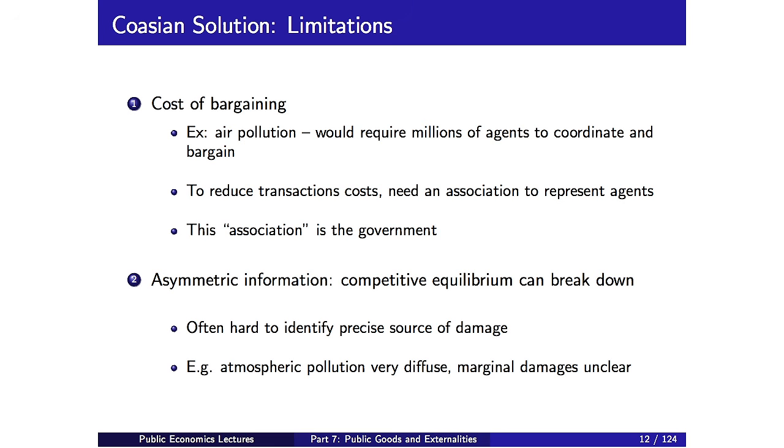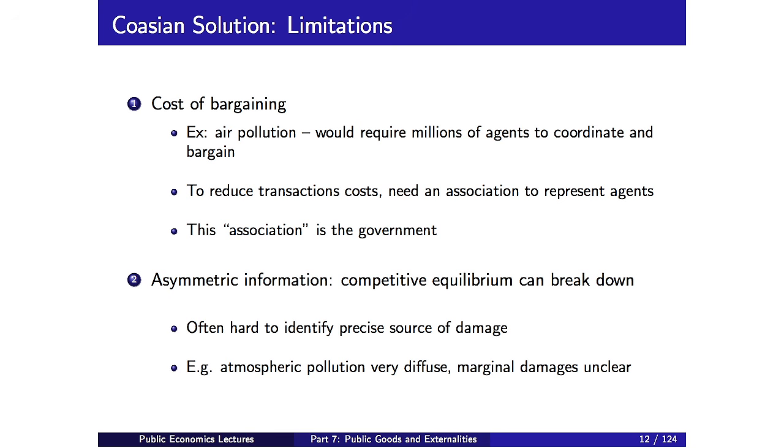Okay, so why don't we just do this and not worry about externalities and the government? I think there are two major limitations of the Coasian solution. The first is transaction costs in bargaining. When you think about how externalities actually work, the important externalities are not one-on-one externalities. With the loud music kind of example, you might imagine that we don't need the government to come in and do some complicated thing.